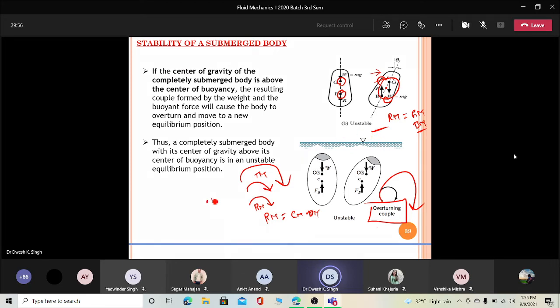Now, when this B and G lie at the same point, then such a disturbance will not generate a turning effect. It will just move like a translation, which is the neutral position. Turning effect will not generate. So this is your case of unstable, stable and neutral.